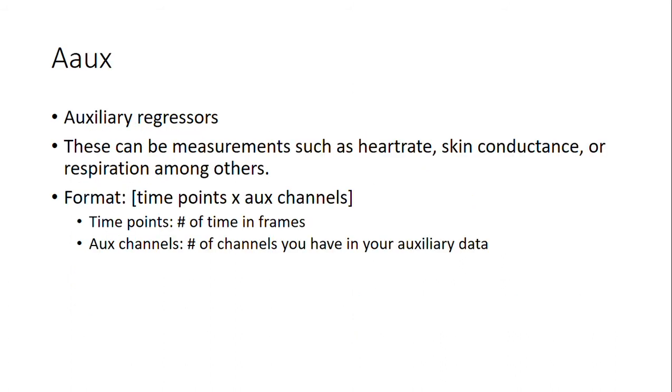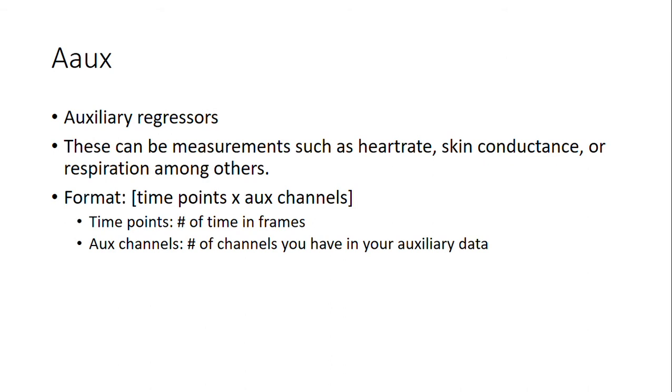The A auxiliary, or AAUX, is going to be all your regressors, all your auxiliary measurements essentially. So if you have a heart rate sensor or skin conductance sensor on the subject, or a respiration belt around the lungs, this will be housing all of those various data inputs.